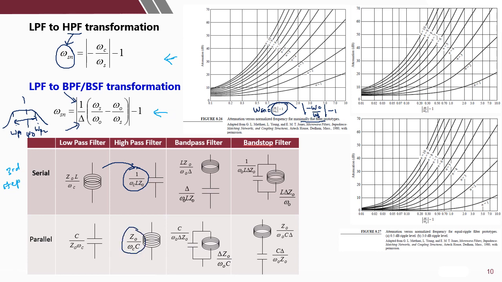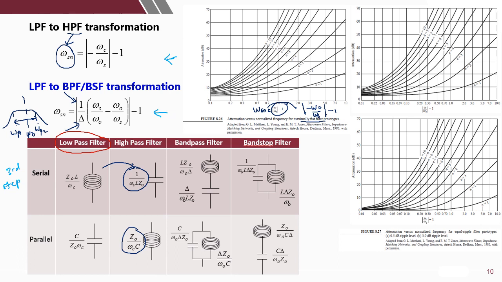Because in step 2, you always produce a normalized low pass filter. Then to get other types of filter as the final circuit, you need to transform the low pass filter from the second step into the required type of filter.